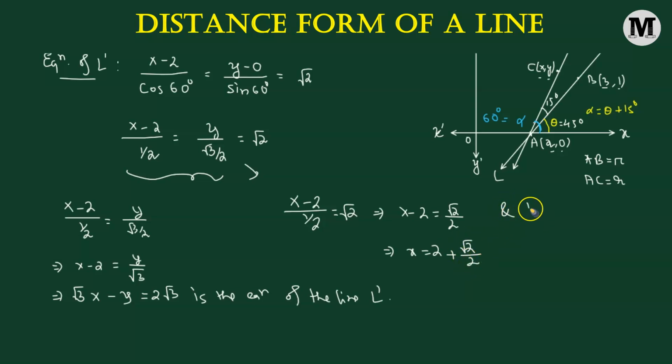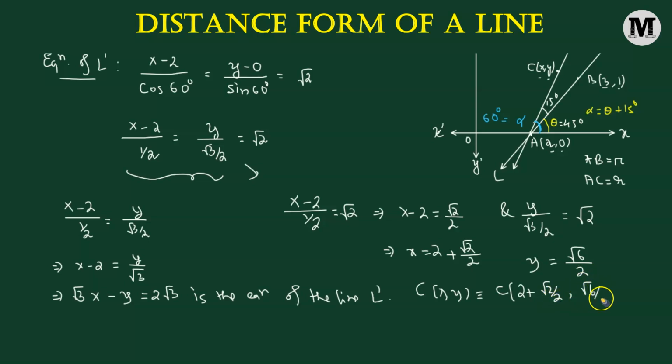And y divided by square root of 3 over 2 is equal to square root of 2. So y is equal to square root of 6 over 2. So we've obtained the coordinates of the point as well. So x comma y, the coordinates of the point C, is the x coordinate value, which is 2 plus square root of 2 over 2, and the y coordinate value, which is square root of 6 over 2.